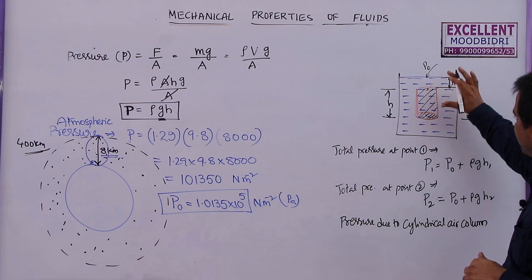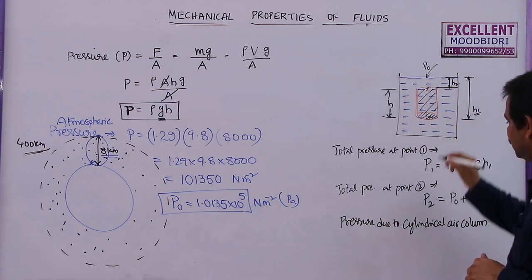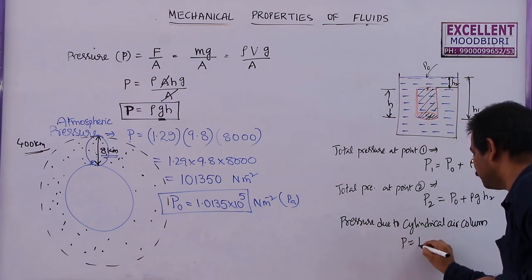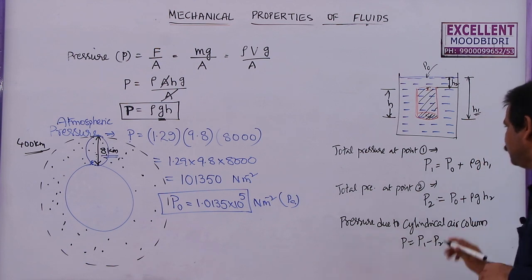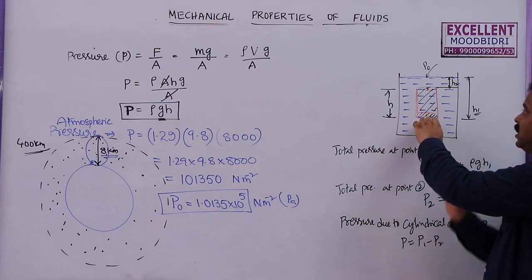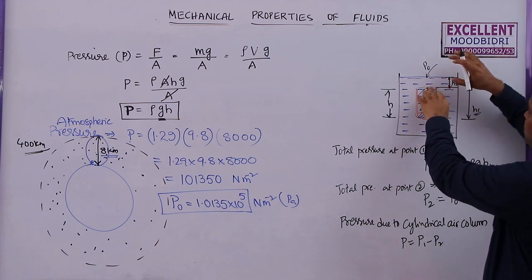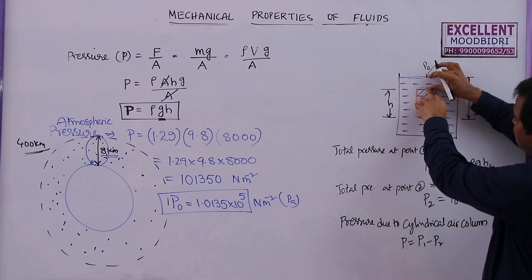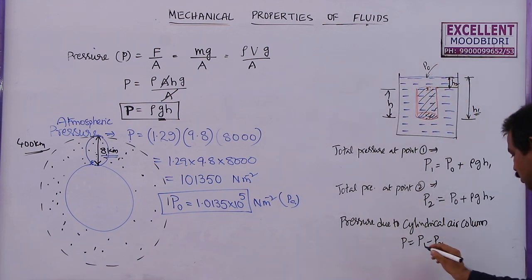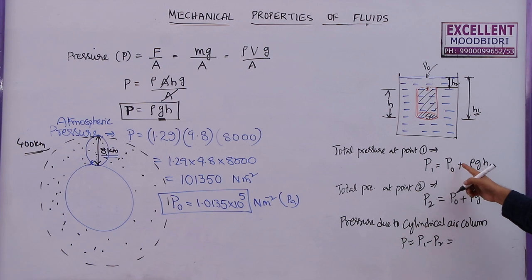So this is given by pressure here minus pressure here, that is P1 minus P2. At 1 pressure will be more. Why? Because pressure due to atmosphere plus pressure due to this weight is acting. At 2 pressure is less, atmospheric pressure plus pressure due to this air column. So I am subtracting these two, that is P1 minus P2, this minus this.